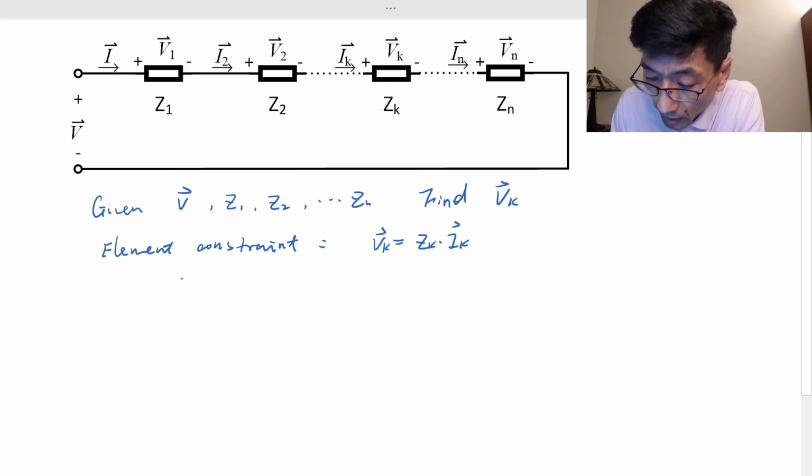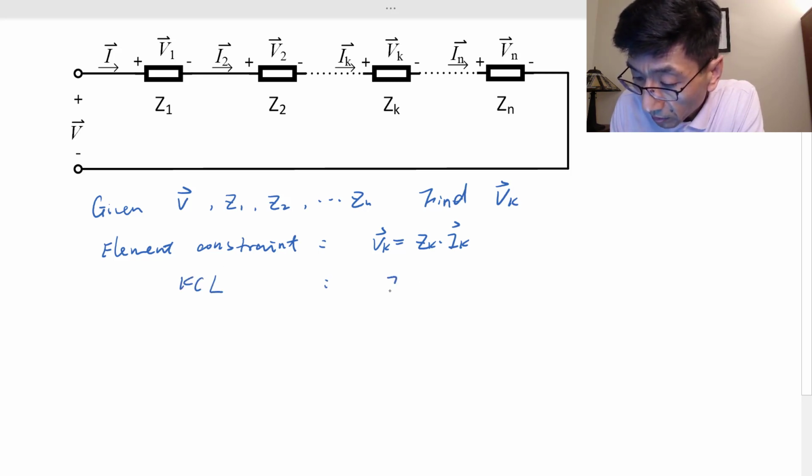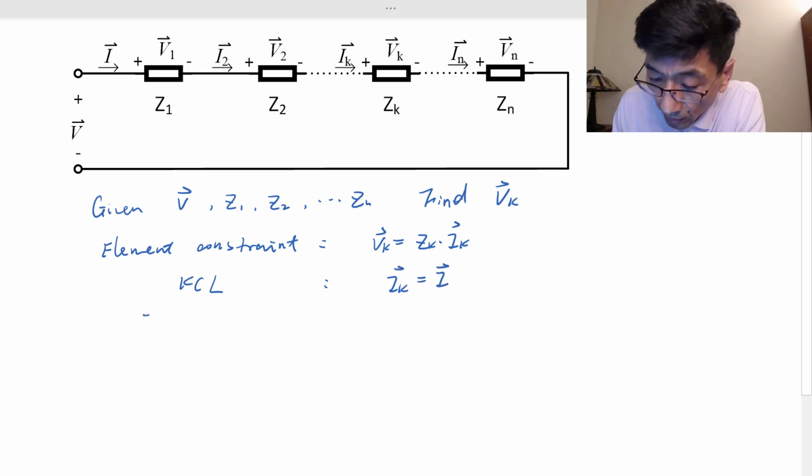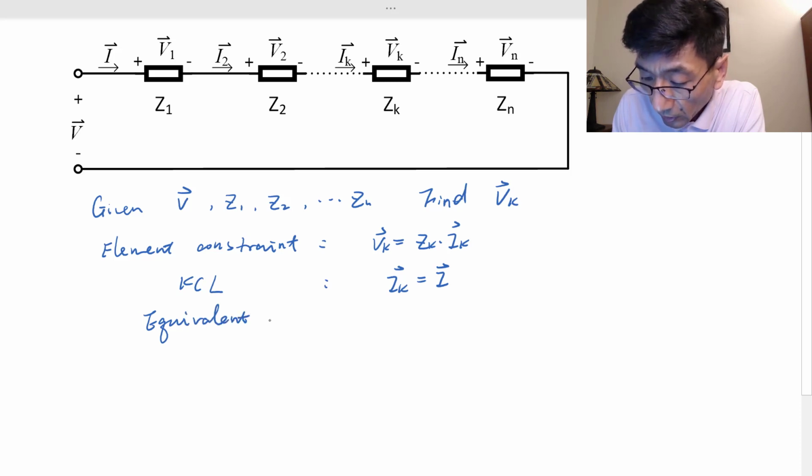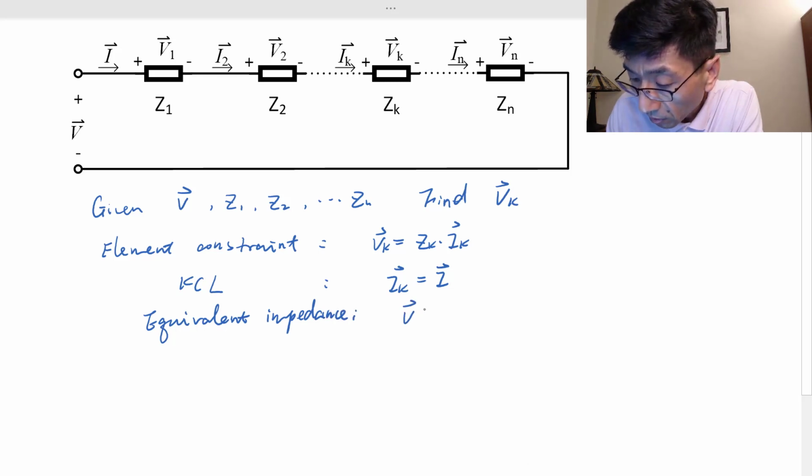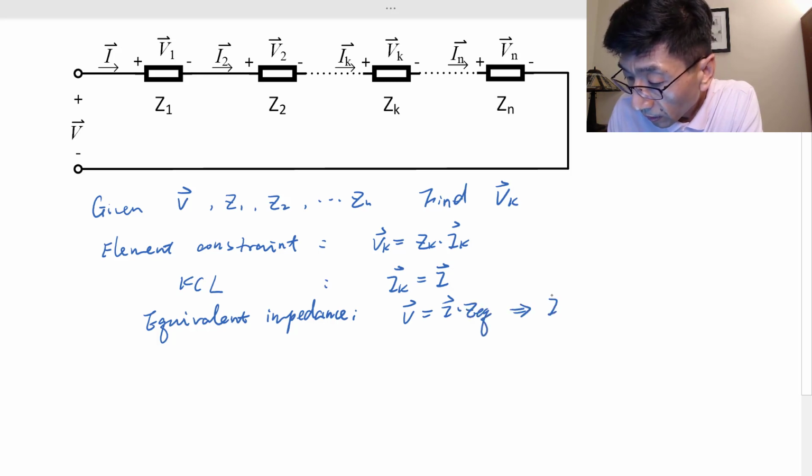And based on KCL, the connection constraint, I sub k is equal to I. Based on the equivalent impedance, we have V equal I times Z sub EQ, or I equal V over Z sub EQ.